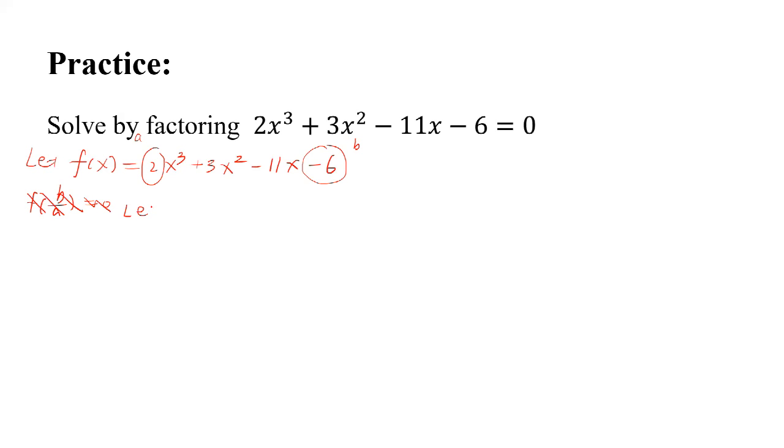So let's check all the possible values of b. So let b be the factors of -6, which is plus or minus 1, 2, 3, or 6. And let a be all the possible values of the factor of the leading coefficient, which is positive or negative 1, or positive or negative 2.